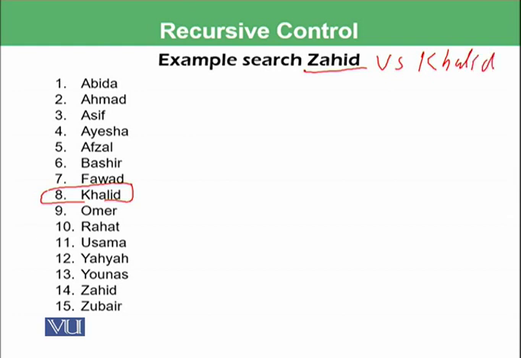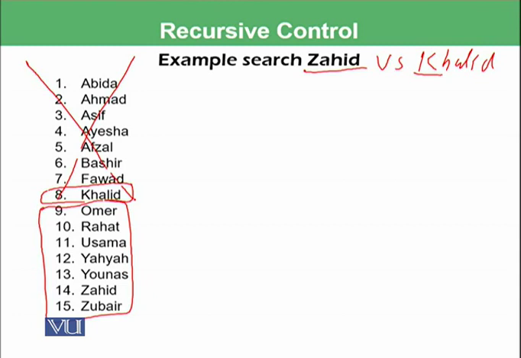When we compare it, you can see that Z has a larger ASCII code as compared to K. So this means that our required information lies in this list. So this is the sublist which will be passed again to the search function, and we will leave all of this and we will not be searching over here.